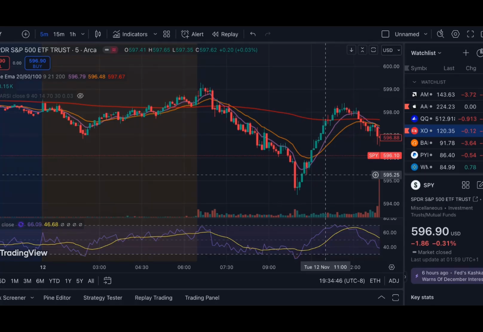In theory, yeah, it's one trade. It's still one trade because it's four contracts. Four contracts of the same stock, the same strike price, same entry price.